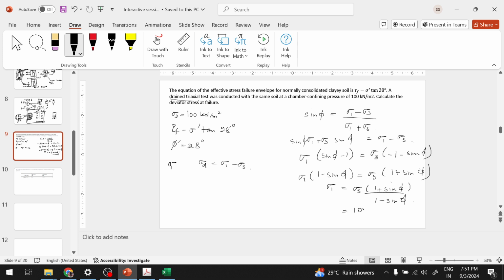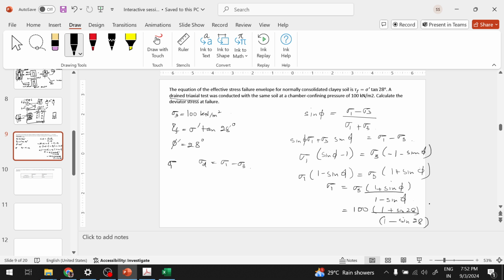Sigma 3 is 100 and phi is 28. This would be 1 plus sine of 28 over 1 minus sine of 28. Let's calculate this.